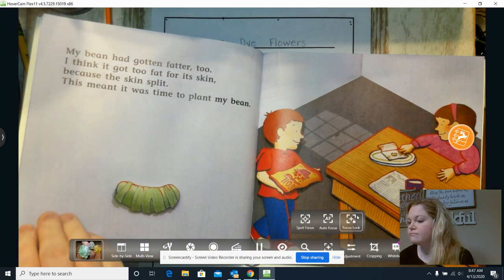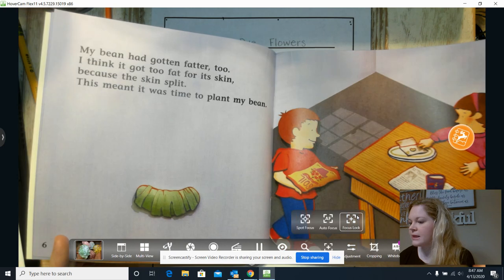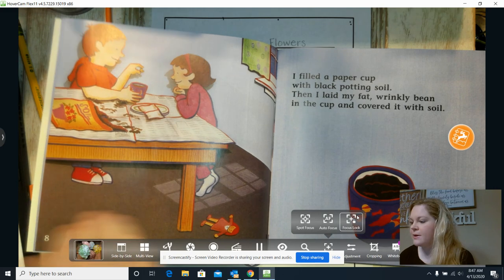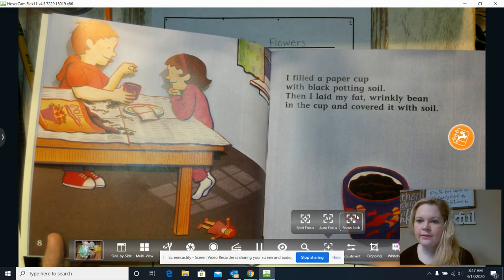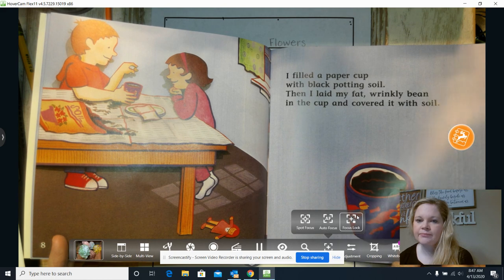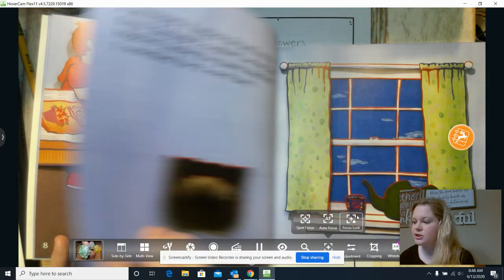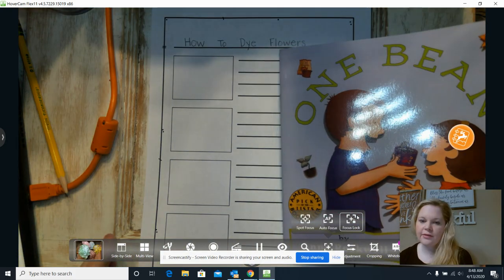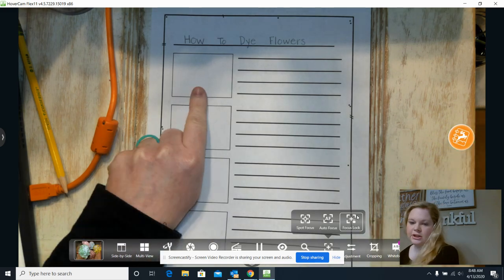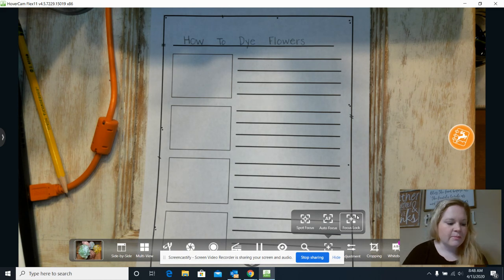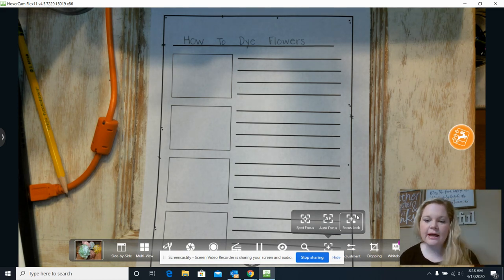Then he was going to get soil, and it showed a picture of that. They put the soil inside a cup, and he put the bean in the cup and covered it with the soil. It shows you all that in the pictures. So we're going to do exactly what this author did and show in our pictures the steps that we did, and also write with our words. That's very important, because it helps our reader understand better how to dye flowers, right?